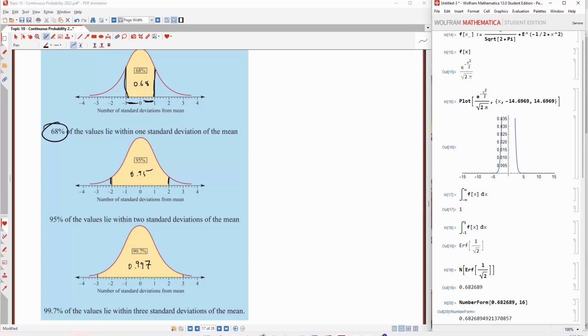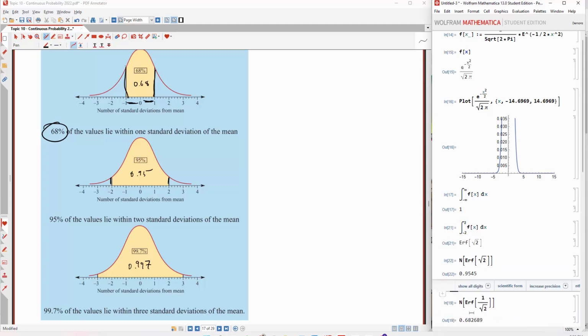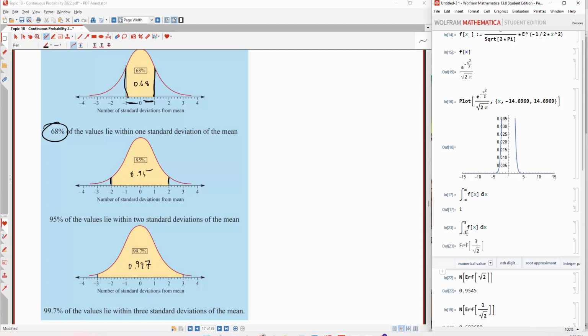And you can guess, I'm sure, that if I extend this out to 2 standard deviations, we've got 0.95, and let's do 3 standard deviations, 3 and -3. 0.997. Now that means that basically I'm going to be really close to all of the values if I put 4 and -4 here.